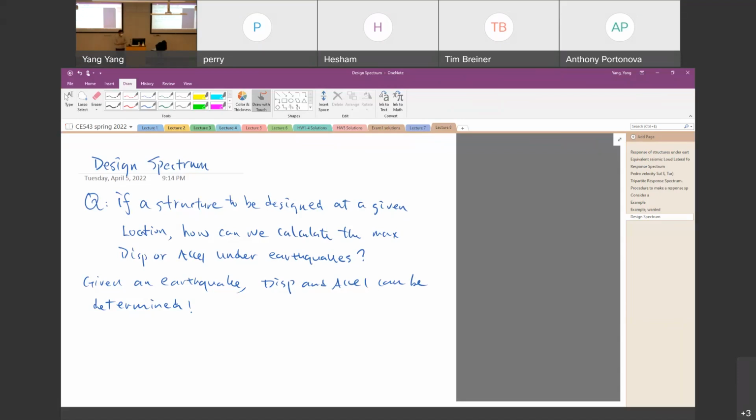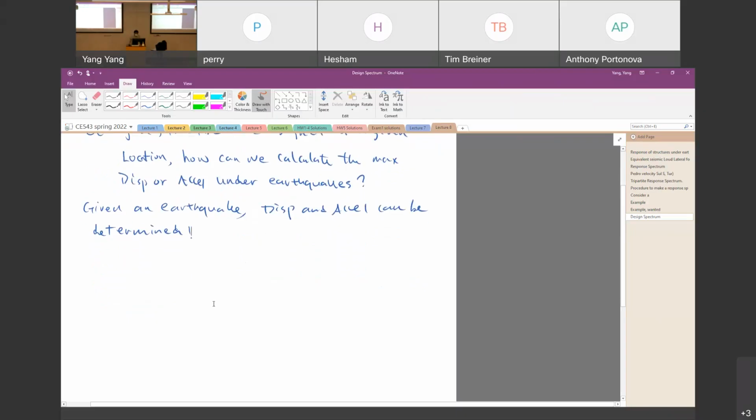So that means when we do design, we need to consider the probability. But the probability is only based on the data from past years. So that's how the design spectrum is constructed. That's why, in order to answer this question, we need to find a way to construct the design spectrum.